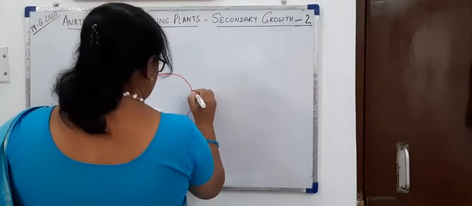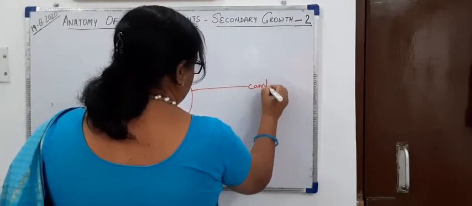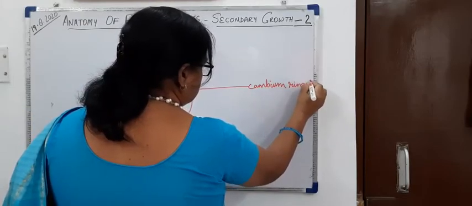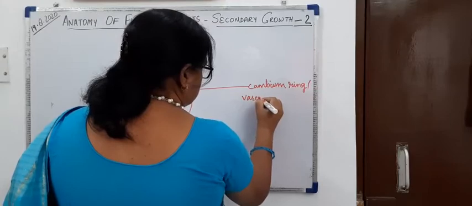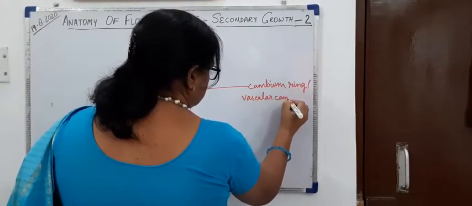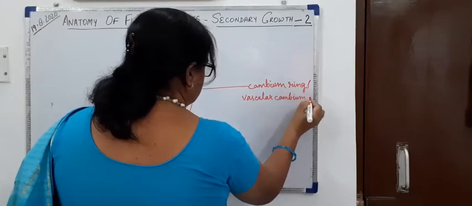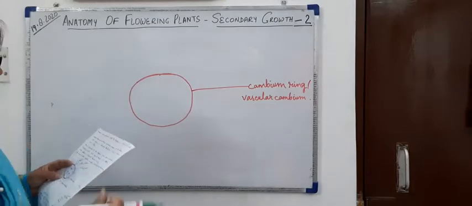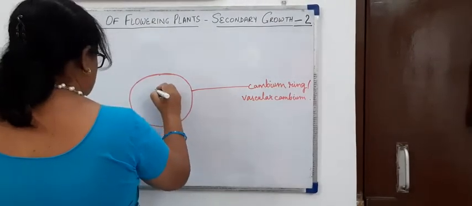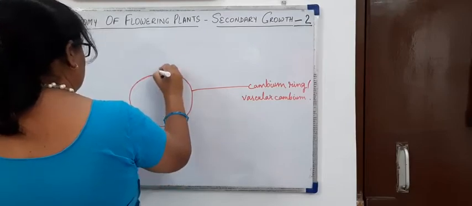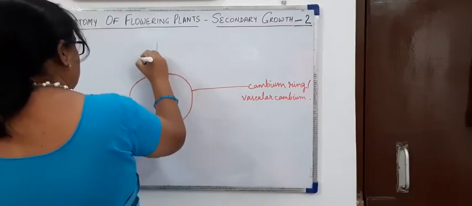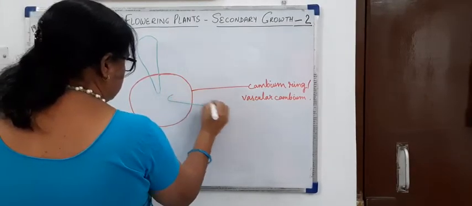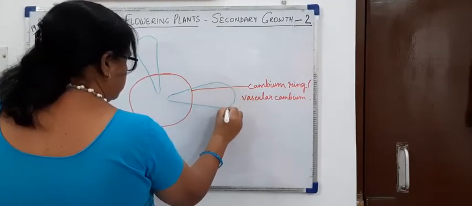So, this will be the cambium ring or vascular cambium. And these are the vascular bundles after the secondary growth.